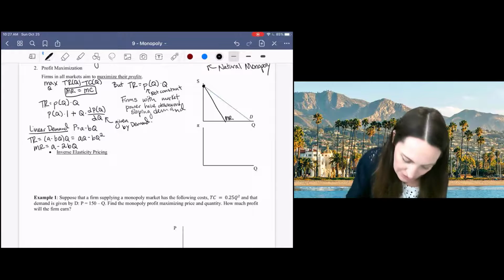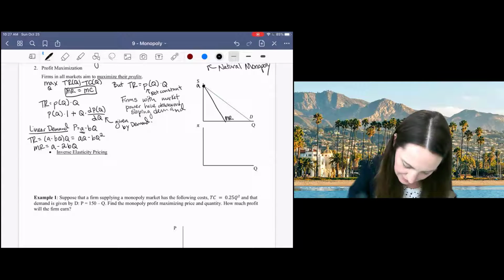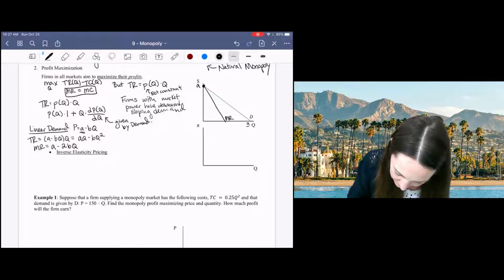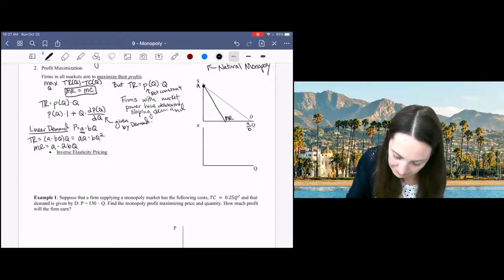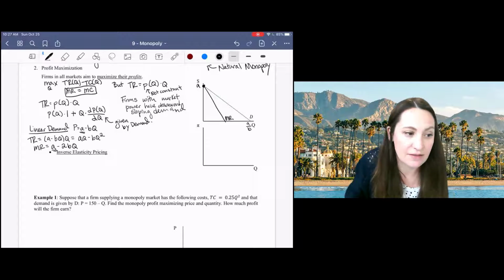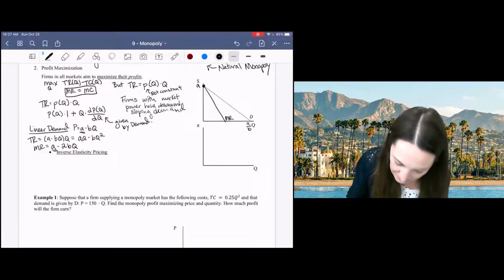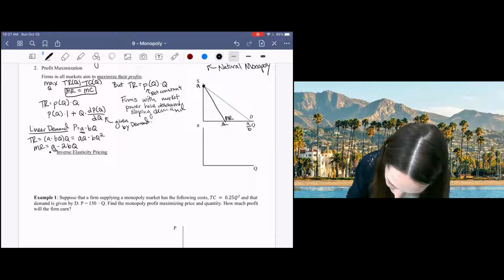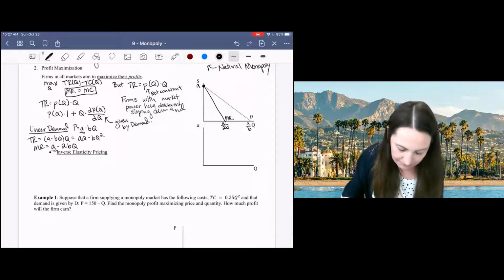So you could see here if demand, right, generically as we've written it, started at A as the y-intercept and had an x-intercept of A over B, marginal revenue would also have a y-intercept of A and would have an x-intercept of A over 2B.